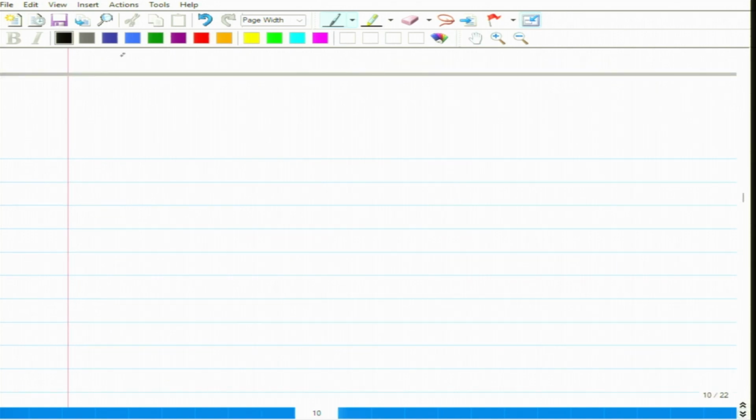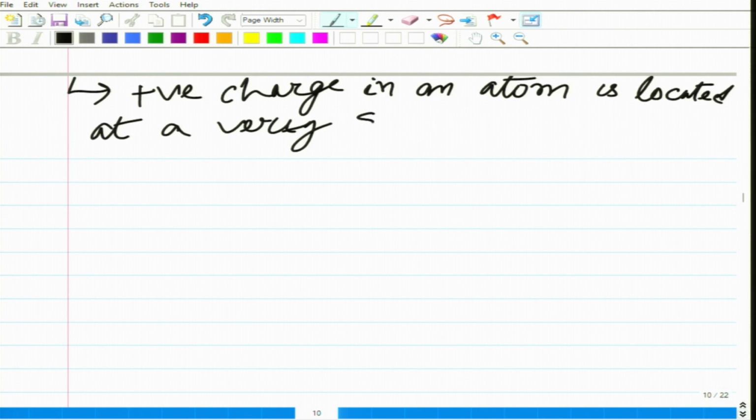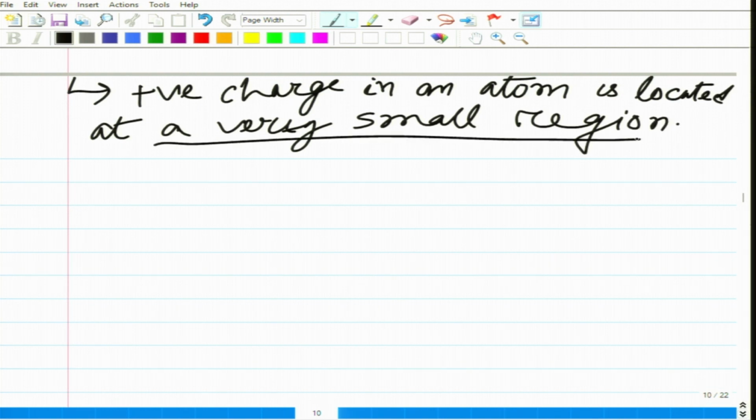From this conclusion, it was also thought that the positive charge in an atom is located in a very small region. So, this statement also defied Thomson's plum pudding model.